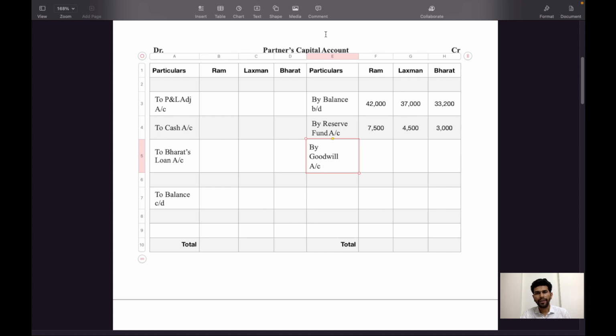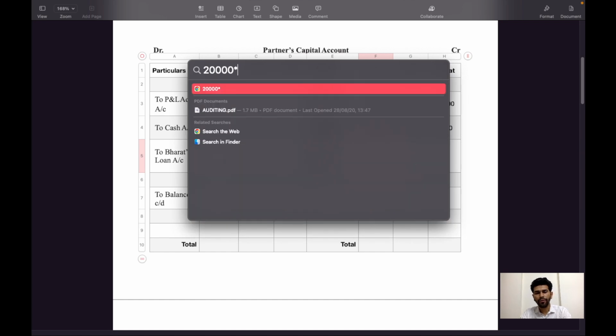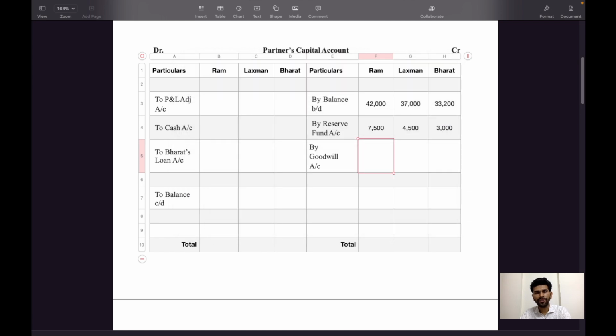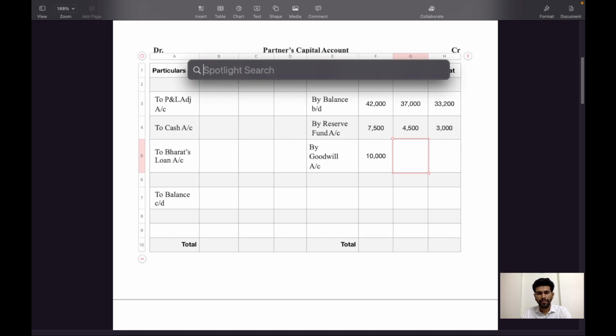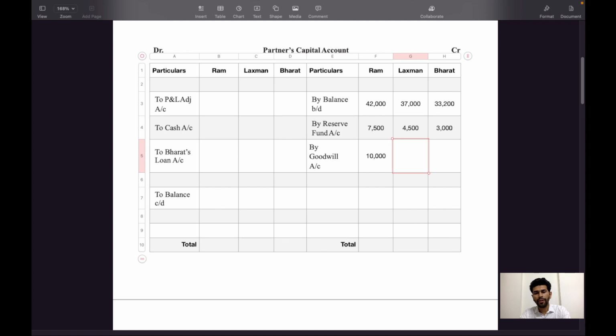Partners' capital account on credit side by goodwill account: 20,000 into 5 by 10, 10,000 rupees is the share of Ram. 20,000 into 3 by 10, 6,000 is the share of Lakshman, and the balancing 4,000 rupees is the share of Bharat.